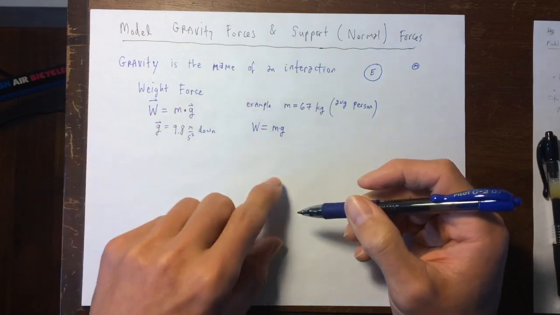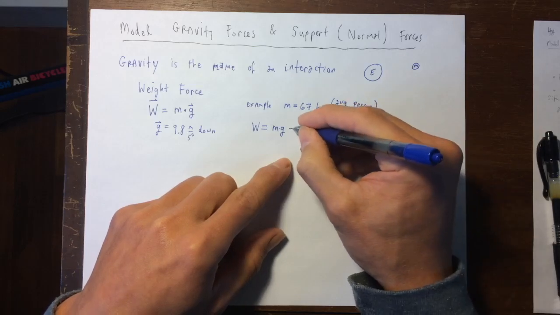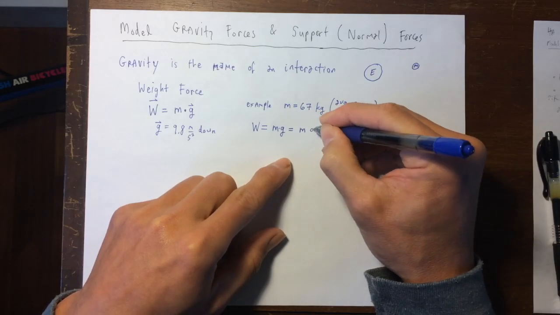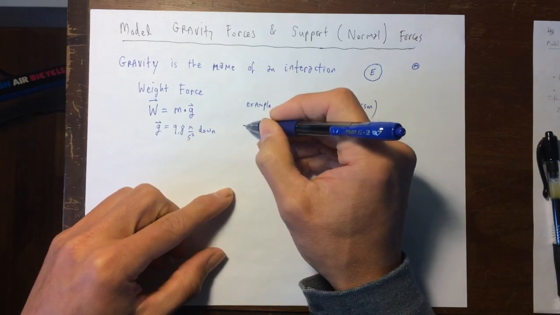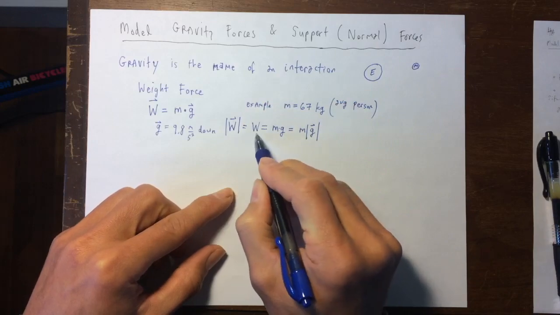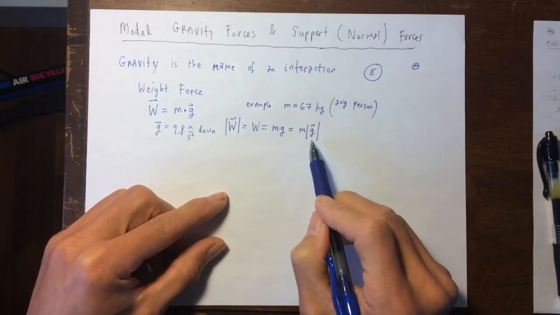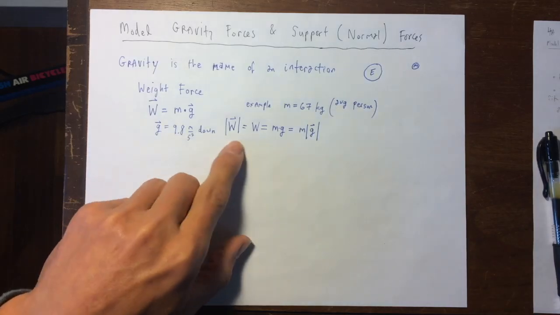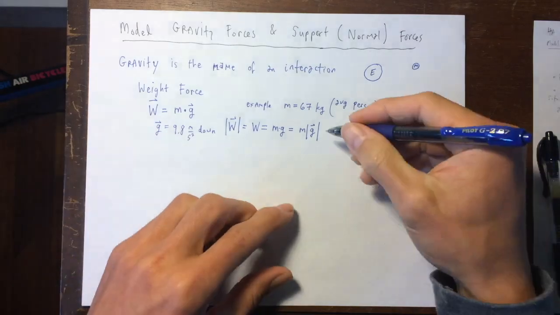I showed you the vector version, but this is the scalar version. This just comes from the fact that if you take the magnitude of both sides, the magnitude of W is this thing called W, and it's equal to m times g, which is m times the magnitude of g. It's just taking this equation and taking the magnitude on both sides.